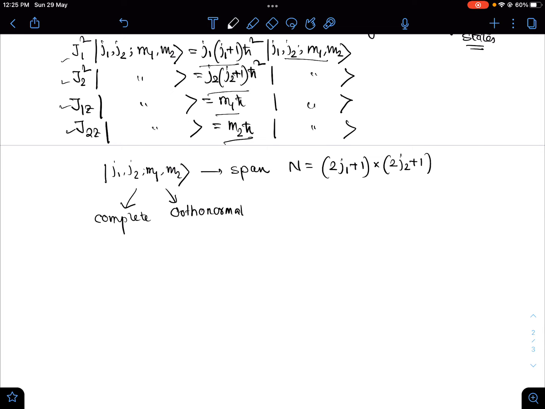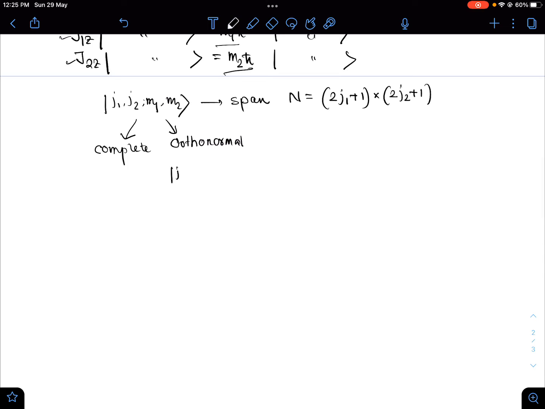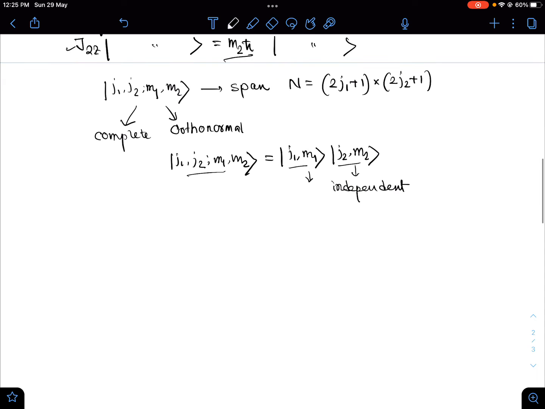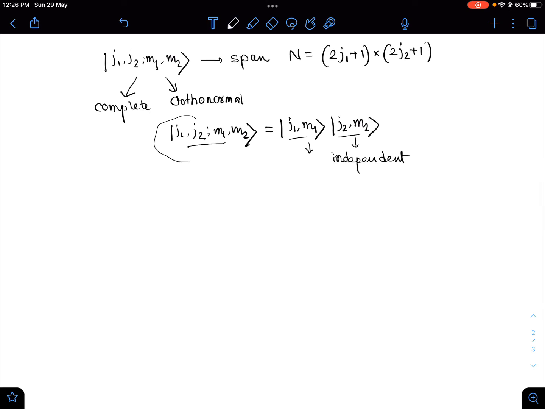So let us proceed. We know that |J1, J2, M1, M2> can be written as |J1, M1> and |J2, M2>. How can we write this as a direct product? We can, because subspace 1 and subspace 2 are independent. First of all, we have to show its completeness relation.